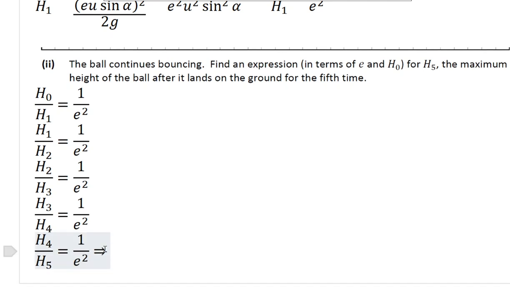So let's rearrange this bottom one to see what H5 is equal to. And I think that means H4 E squared equals H5. Bringing the E squared up, and okay. Let's do this here. H3 E squared equals H4.